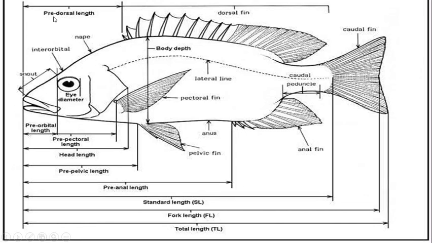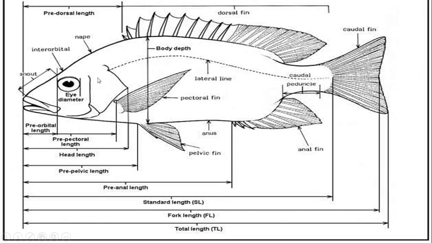Then the next is pre-dorsal length, that is from the tip of snout to the insertion of dorsal fin. So this is the overall structure of a fish, and this is the diameter of eye, which is also measured.